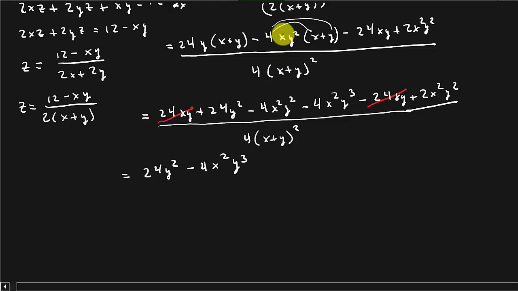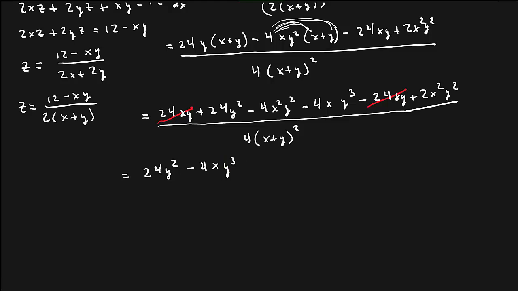No wait, let's see: this times this is 4x squared y squared, and this times the y would be minus 4x y cubed.